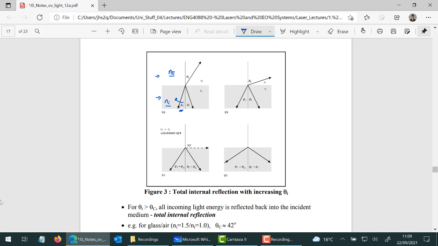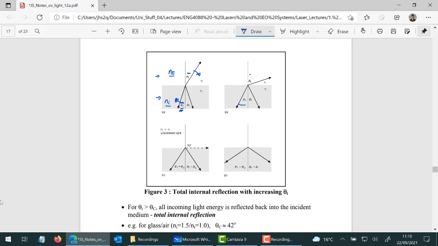So Ni times sine of theta i will be equal to Nt times sine of theta t. If Ni and Nt are constant as theta i changes, then the transmitted angle will change as well. So as the angle increases, the refracted ray also increases.